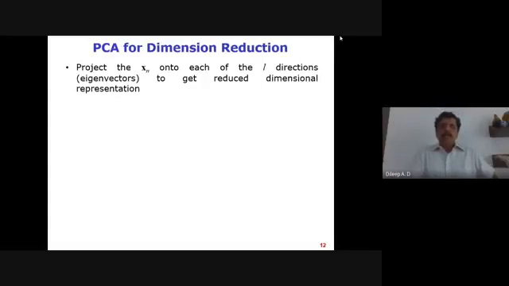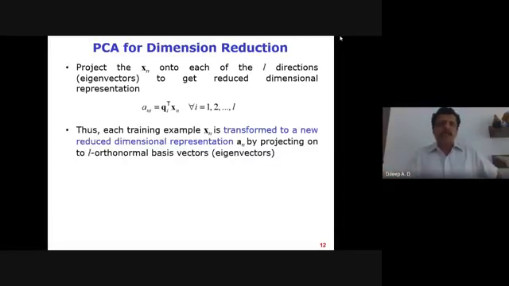Once we select the L directions, or the eigenvectors, we project my data vector X onto each of those L vectors to get my principal components, which results in an L-dimensional vector. So that's how my original representation Xn is now represented as an L-dimensional vector.